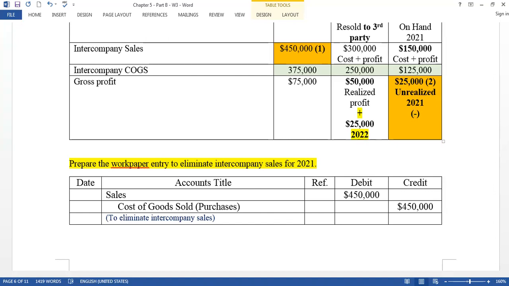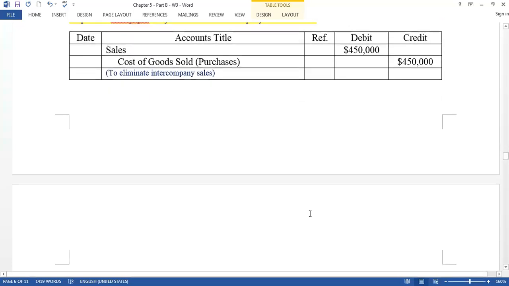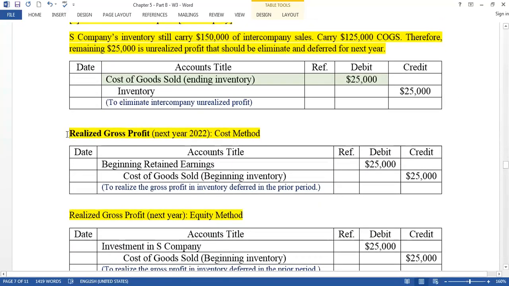Cost of goods sold credit means profit is increasing. Before, we recorded cost of goods sold, ending inventory. Now it is another year, so we have to record cost of goods sold, beginning inventory, because ending inventory goes to the beginning inventory of the next year. So this is the third journal.